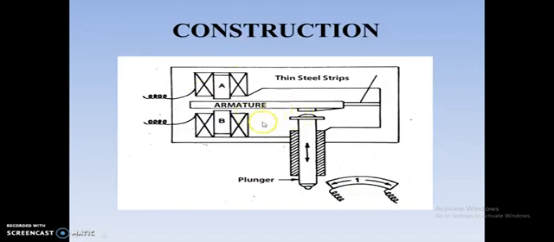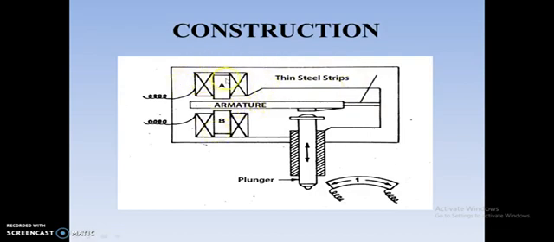Now in this diagram we can see the movement of the plunger more clearly. This is the plunger. One end of this plunger is connected to coil B and the other end of the plunger is connected to coil A. The armature is exactly placed midway between the two coils A and B, and this armature is connected through thin steel strips.